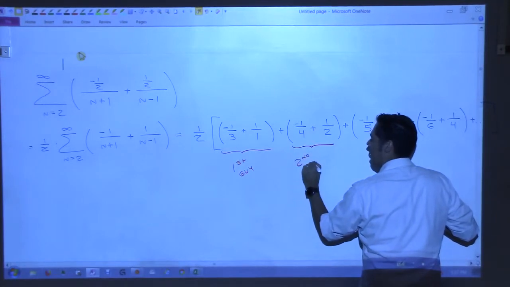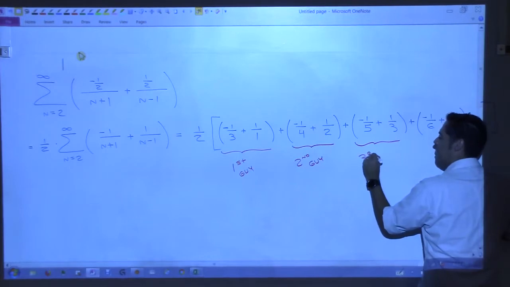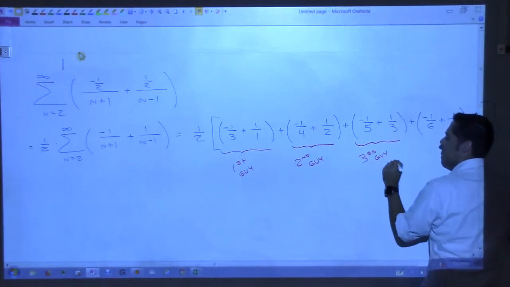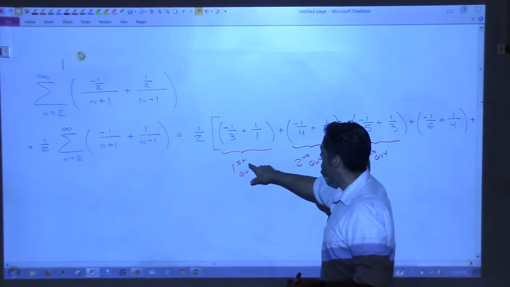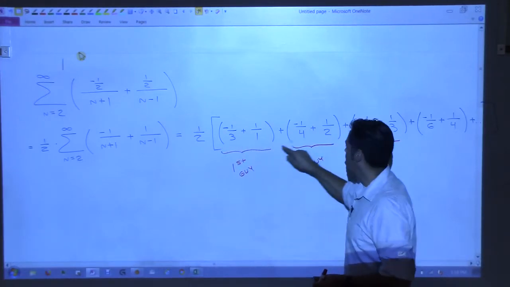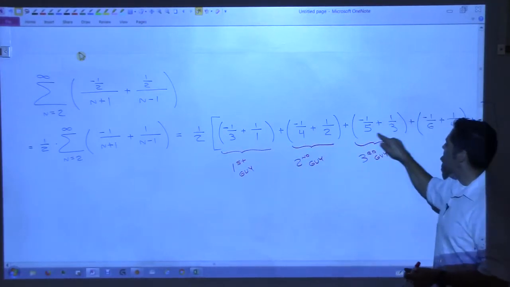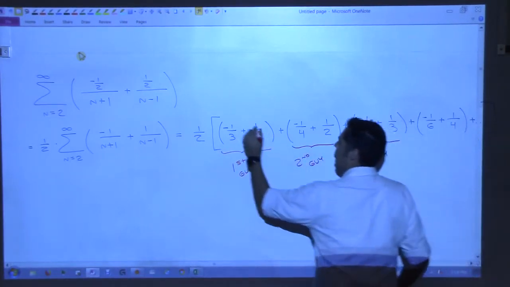Second guy. This is my third guy, and so on and so forth. Now, in the first guy here, I've got two terms: a first term and a second term. First term, second term. First term, second term. So what's the pattern? I have the first term, right?